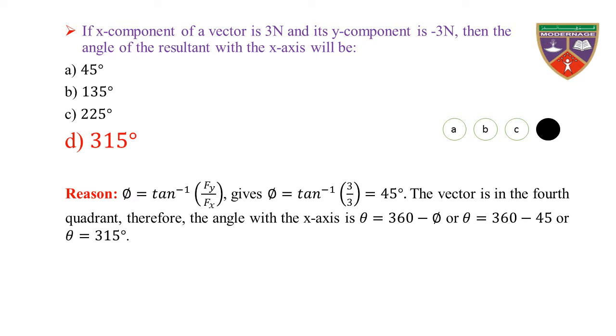Therefore, the angle with the x-axis, theta, is equal to 360 minus phi, because the angle is always measured in the anti-clockwise direction from the positive x-axis. Therefore, theta is equal to 360 minus 45, or theta is equal to 315 degree. Hence, the angle of the resultant with the x-axis is 315 degree.